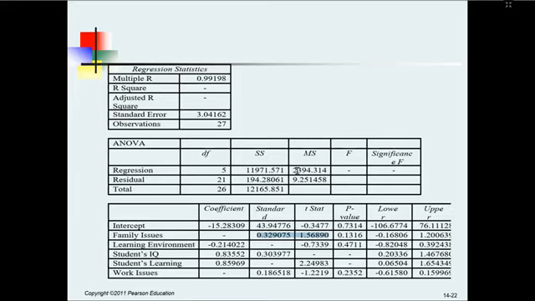What the lady said is correct, but we can also use the p-value to do the same. Some of the p-values are given, like that of family issue, and this one too, and also here. But for this and this, the p-values are omitted.